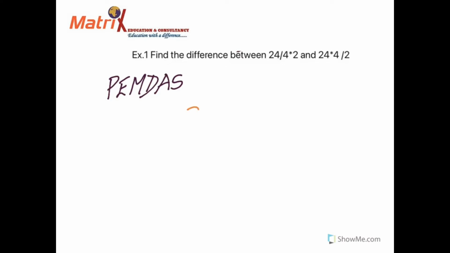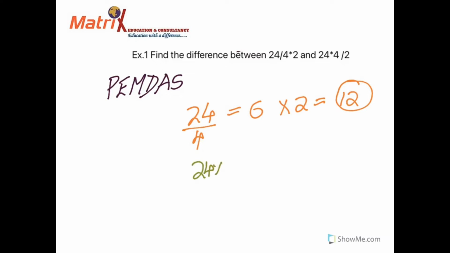24 divided by 4 gives me 6. I do 6 times 2, and that gives me 12. Next, I have 24 times 4, which is 96, and that's divided by 2, that gives me 48.